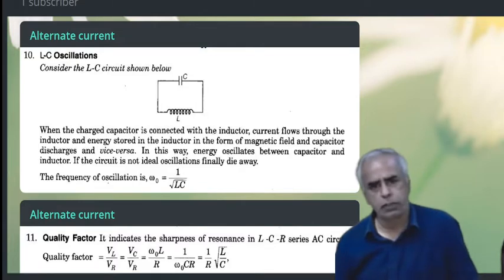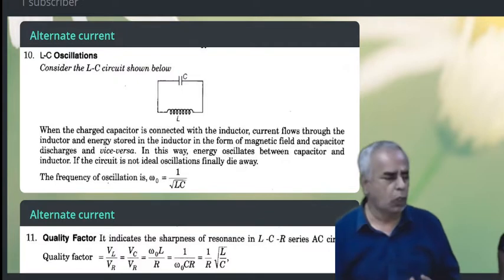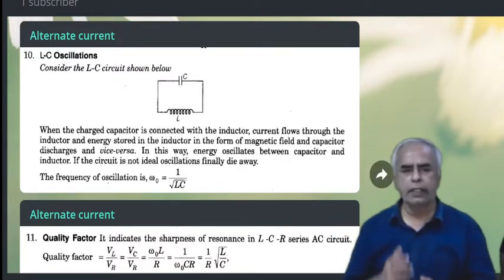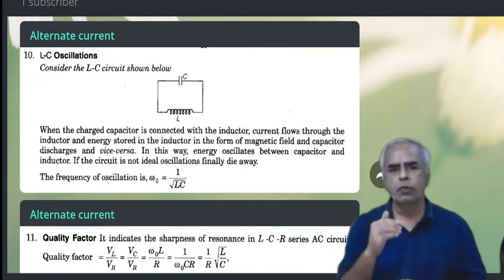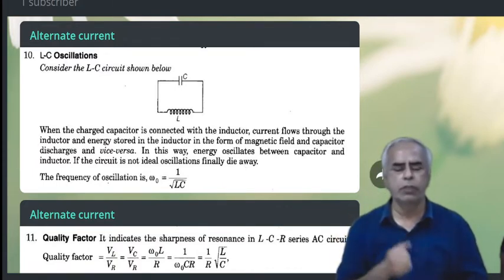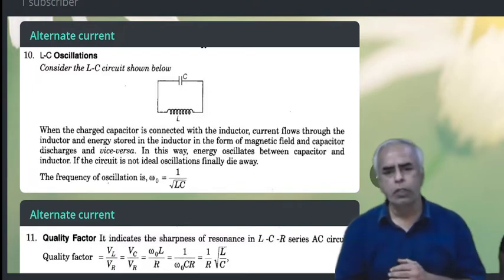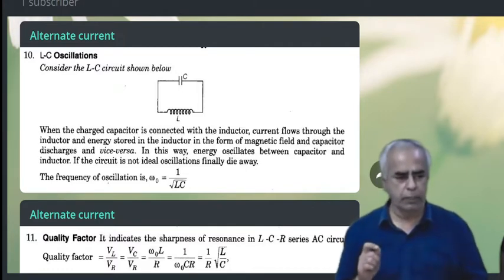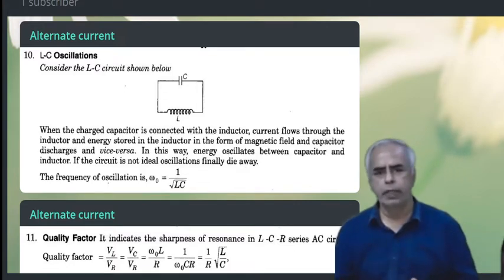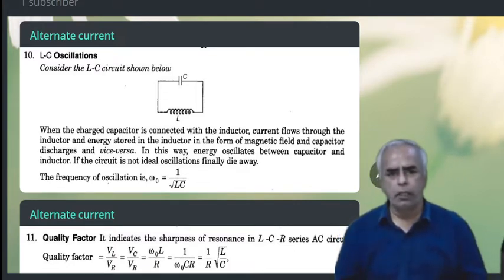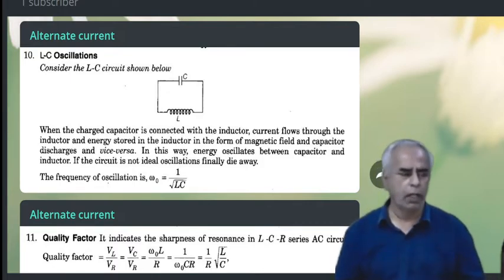This kind of oscillation arises between the inductor and the capacitor, and that is represented as a circuit diagram as well as an equation: the frequency of oscillation omega naught is given by the reciprocal of the root of the product of inductance and capacitance. So the equation is omega naught equal to 1 divided by root LC. Got it?